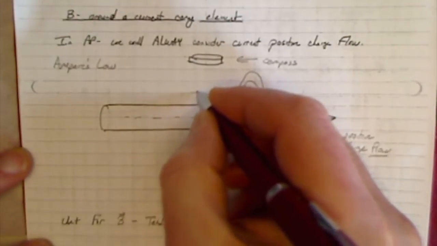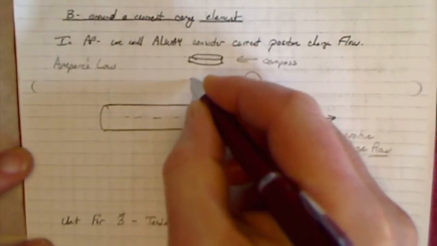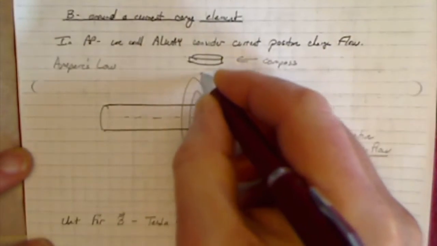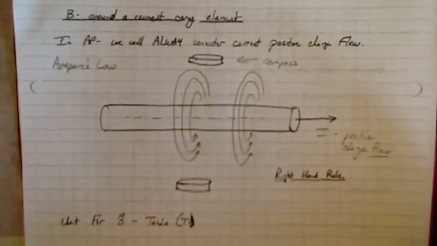It is not a spiral. There's our field lines going around like this. Okay, form circles and planes perpendicular to that wire.